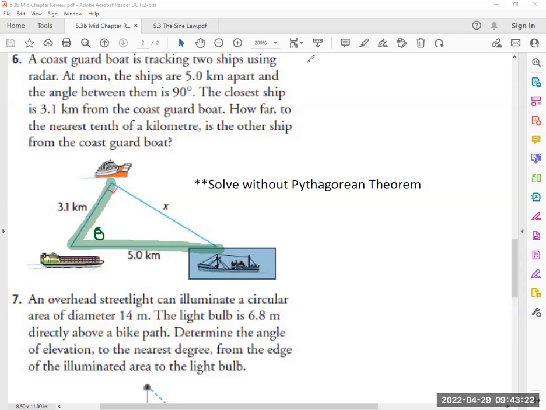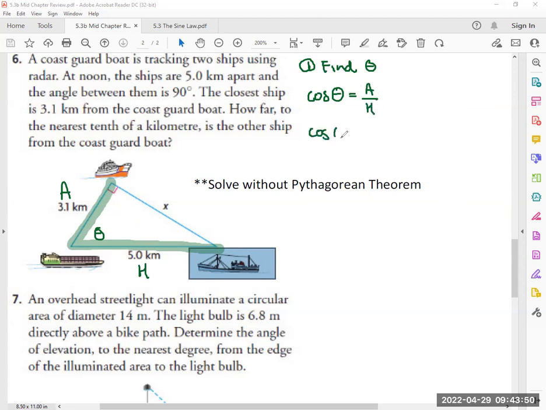Step one, I will find theta. If theta is my angle of interest, 3.1 is going to be adjacent, 5 is going to be hypotenuse. Cosine of the angle is equal to adjacent over hypotenuse.